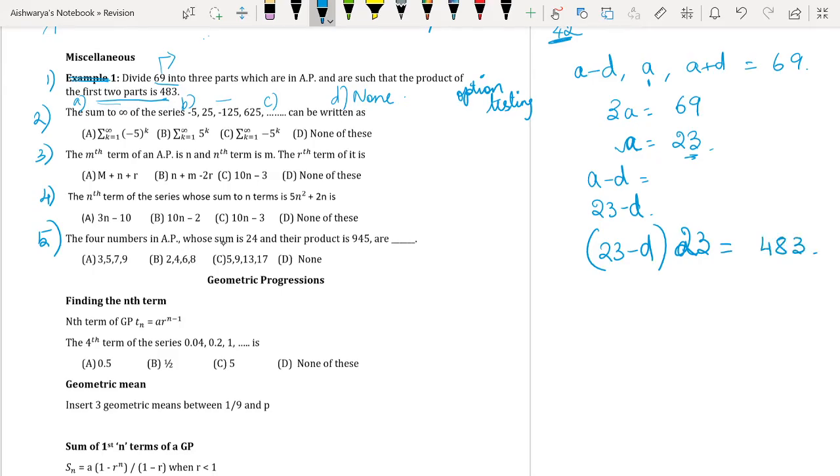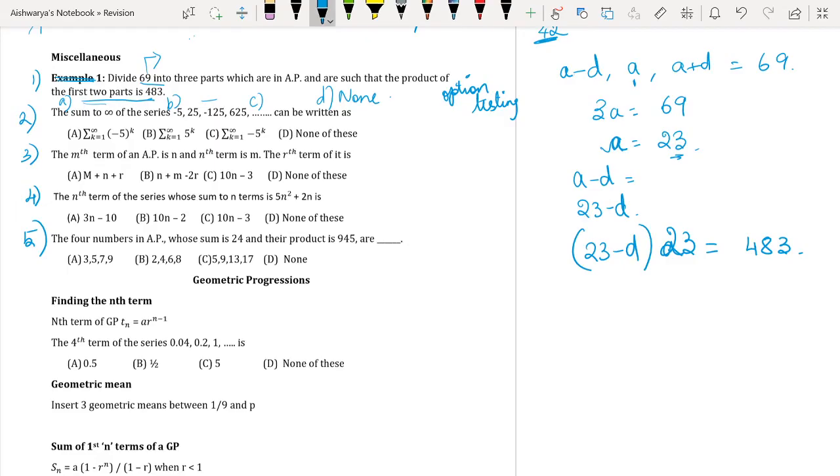Using this you will be able to get the value of d. 23 into 23, 23 square is 529, minus 23d is equal to 483. Bring this to the other side, so 23d becomes positive. 529 minus 483 will give you 46. So d is equal to 46 divided by 23, which is 2.